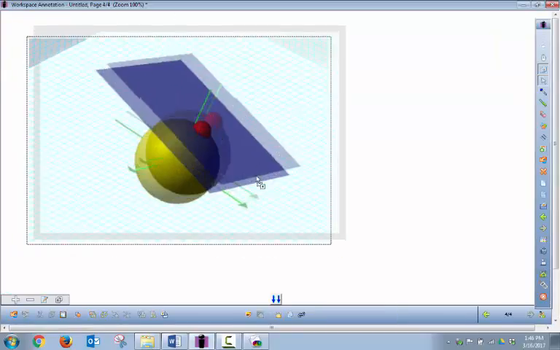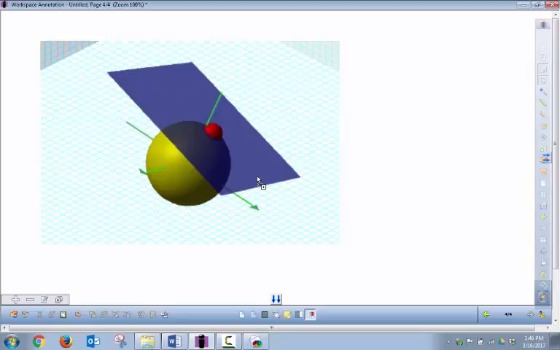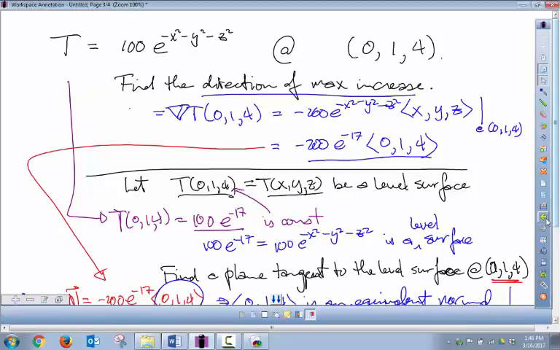So we could see the geometry, a little bit of an application, and so the gradient is perpendicular to a level surface, right? And the gradient is perpendicular to a level curve.